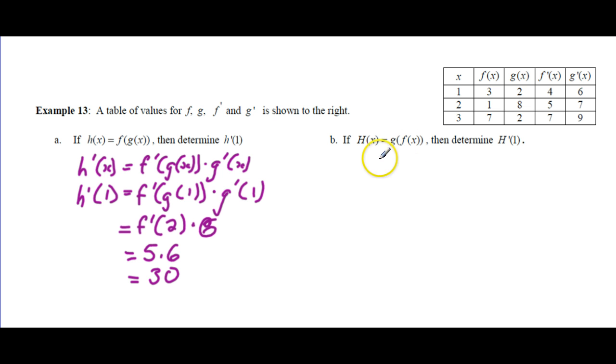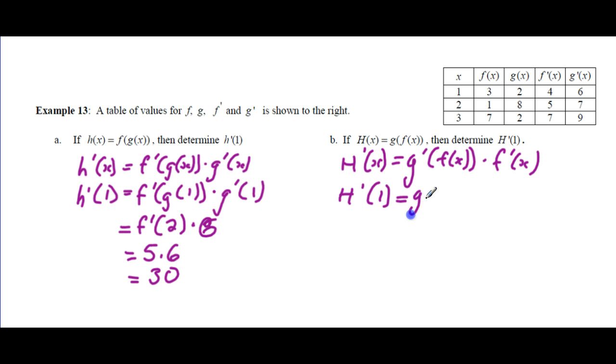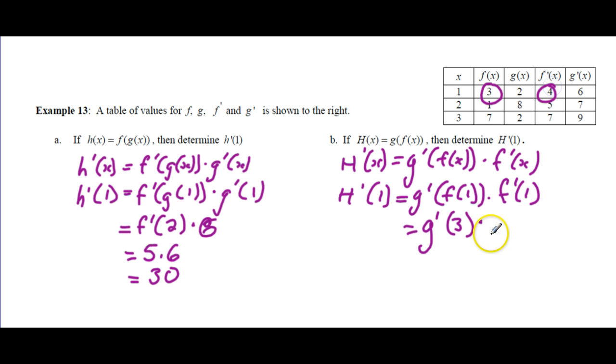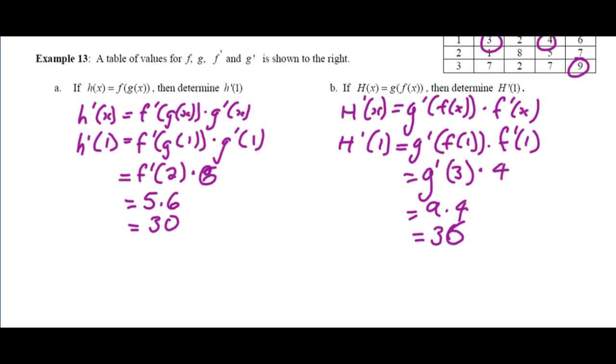If h of x is g of f of x, then determine, okay, so same deal, h prime of x will be g prime of f of x times f prime of x. h prime of 1 is g prime of f of 1 times f prime of 1, which is g prime, so f of 1 is 3, so it's g prime of 3, and f prime of 1 is 4, and g prime of 3 is 9, and we get 36. All right, so that is example 13.